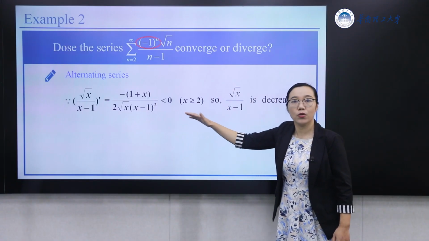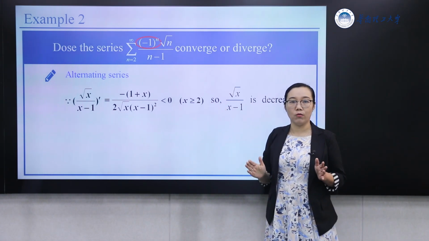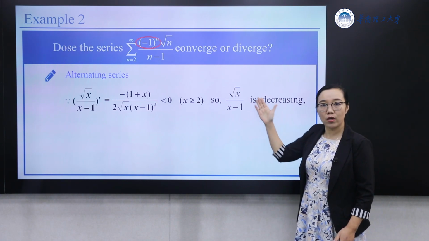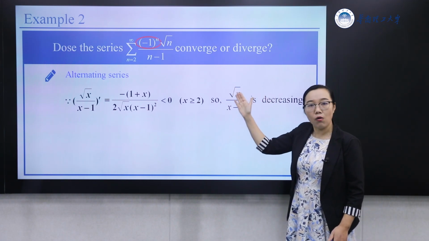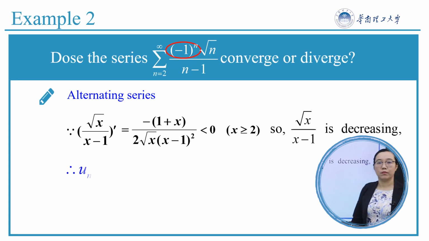When x is greater than or equal to 2, the derivative is less than 0. Then the square root of x over x minus 1 is decreasing.